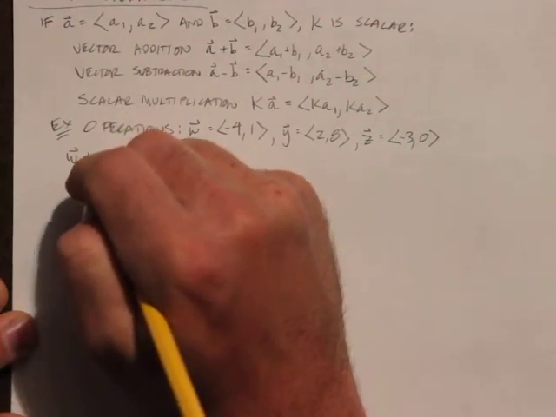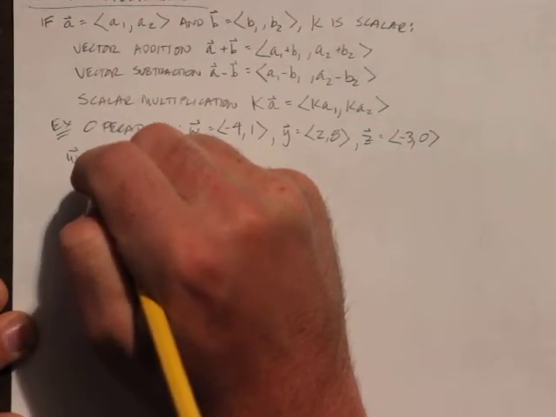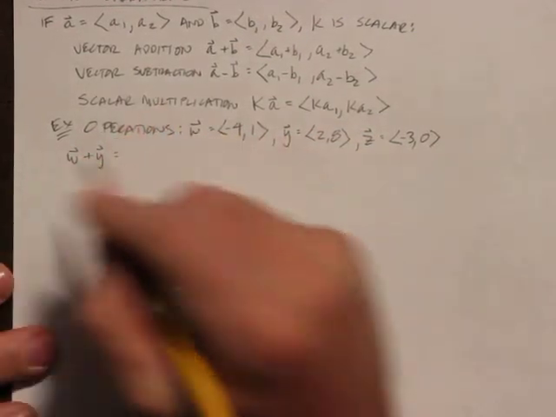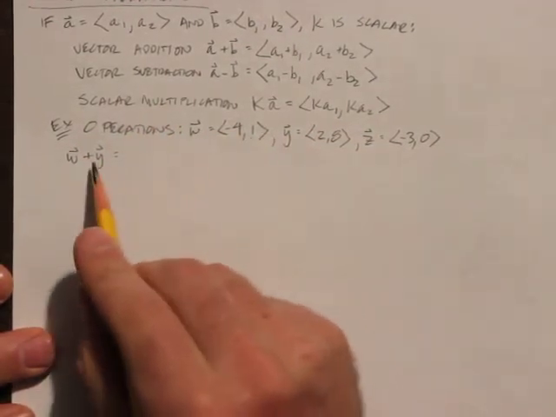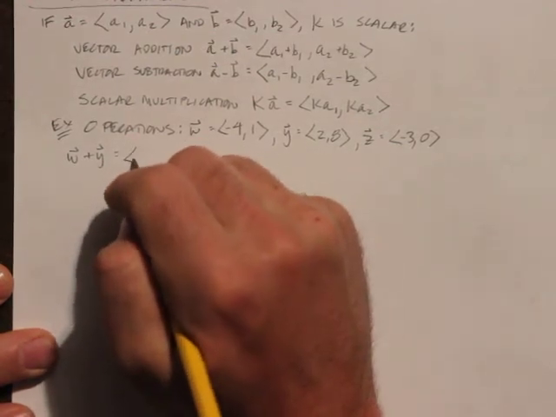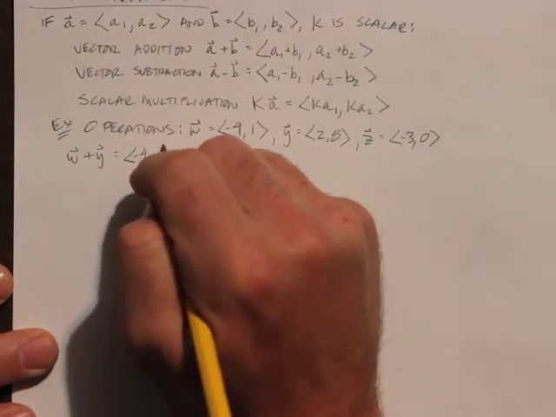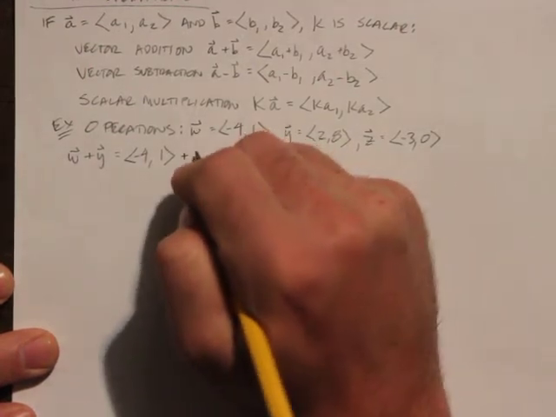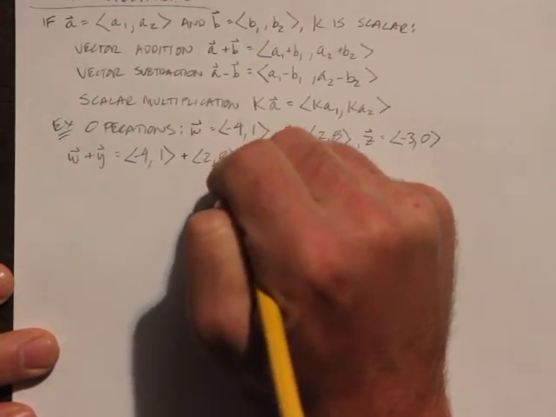Vector W plus vector Y. So I'm just going to write out what those vectors are first. I've got -4 and 1, which is my W, plus vector Y, which is 2, 8.